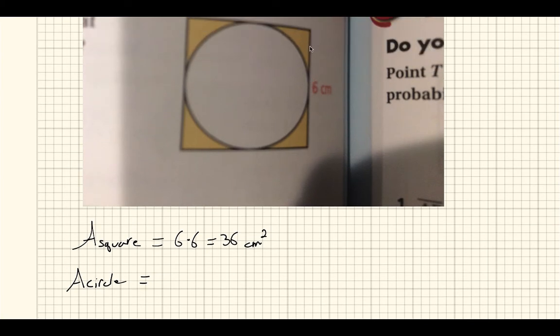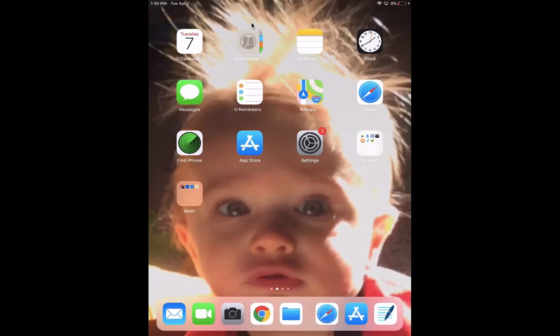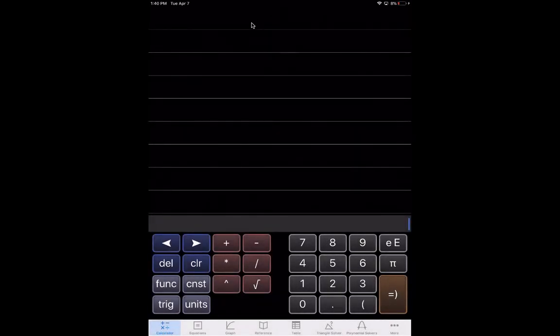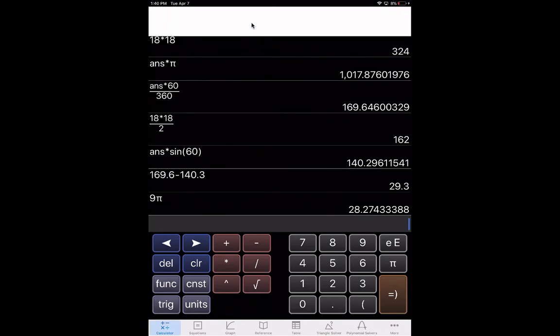If this is a distance of 6, that means the radius is 3. So pi times 3 squared, which is 9 pi, which, if we go to the calculator, is about 28.3.